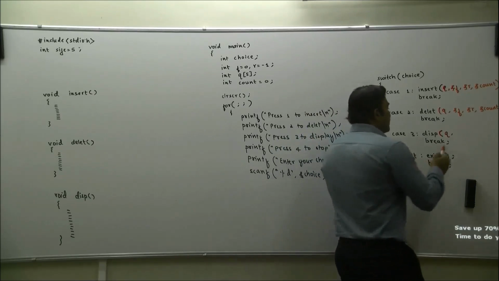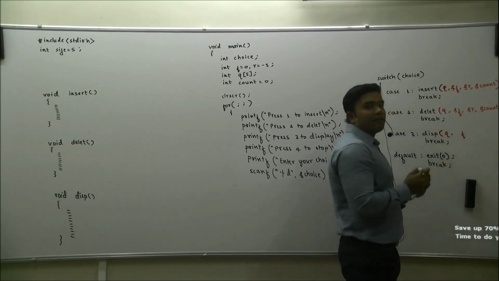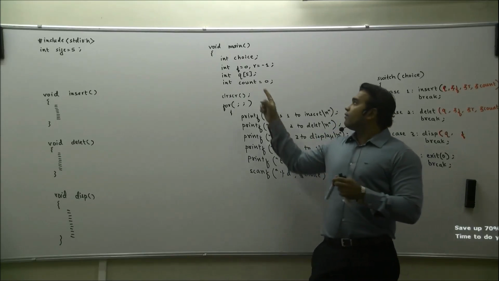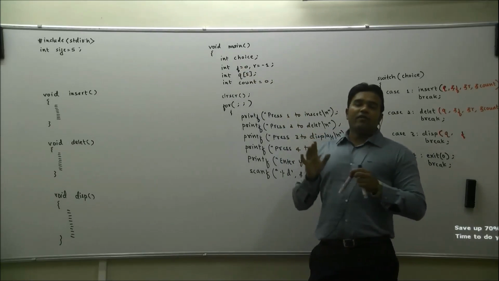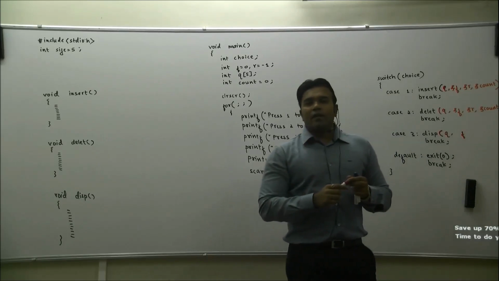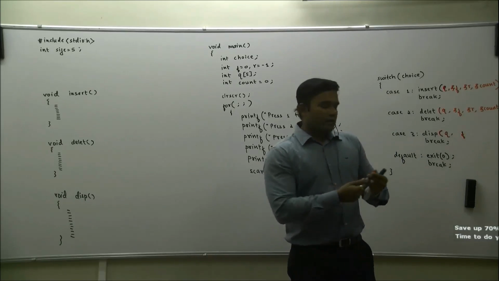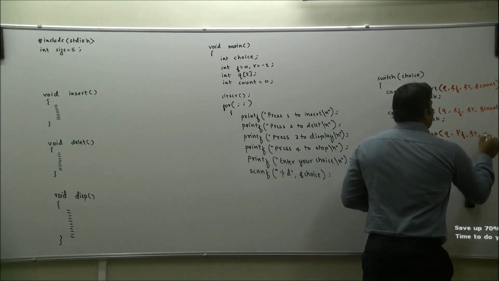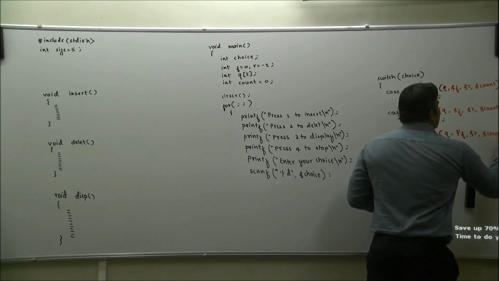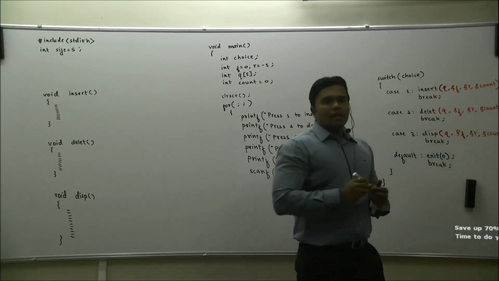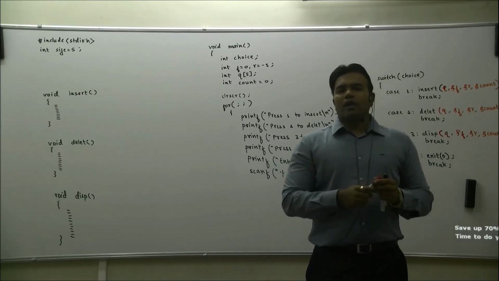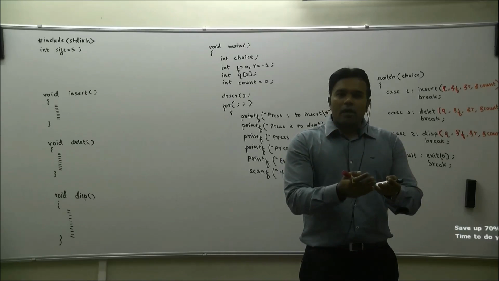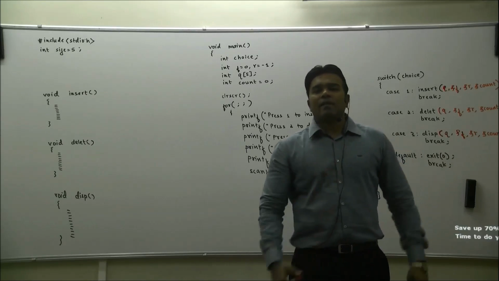Whereas if I write only f, I will not get the address, I will get the value, because f is not an array, f is an ordinary variable. But what I want is the address. If you want the address, then write ampersand. Similarly, ampersand r, ampersand count. I am only teaching you one more style of programming, that's all. It's not that you have to do it like this. I am just telling you, if you make it local, then you can pass them as parameters like this.